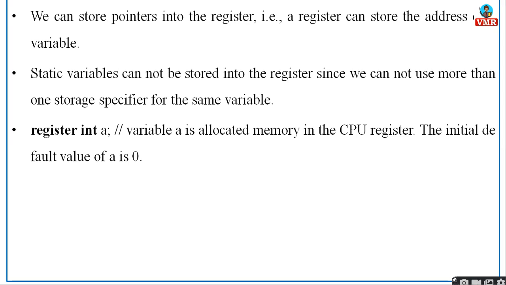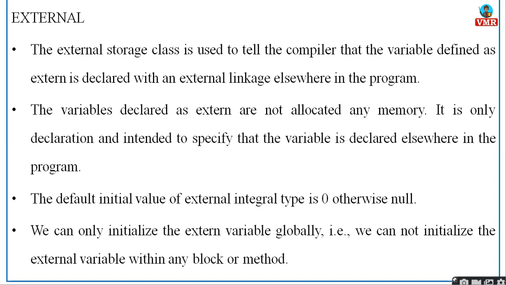Static variables cannot be stored in a register since we cannot use more than one storage specifier for the same variable. This is the declaration of a register variable: register int a. Here variable a is allocated memory in the CPU register and the initial default value is 0.